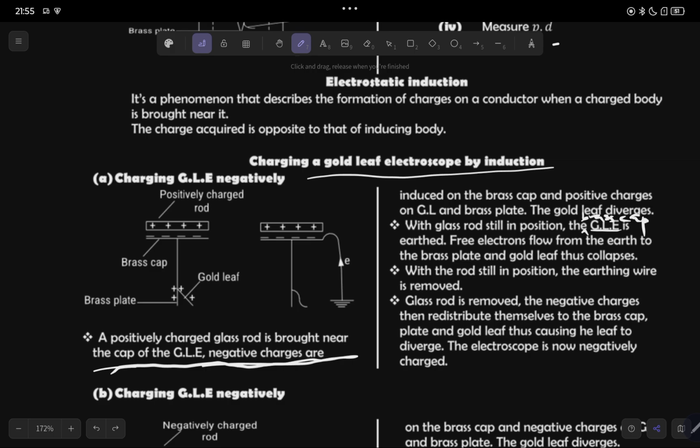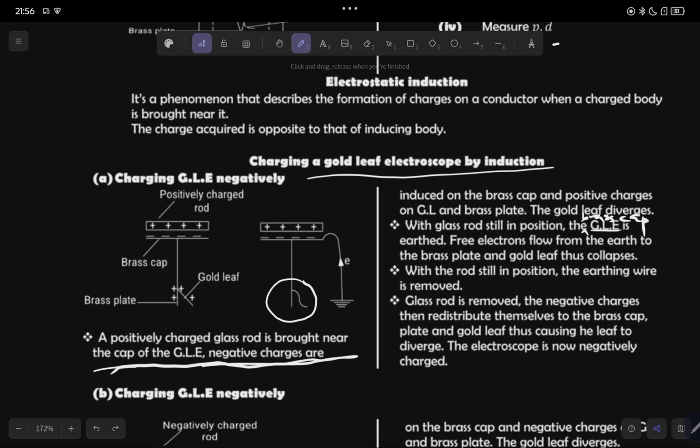So when this is earthed, the electrons which had gathered on the brass cap will not leave because they are being attracted by the positive charges. Instead, the electrons will come from the ground through the brass cap, then they will go and neutralize all the positive charge which was on the brass plate and the gold leaf.